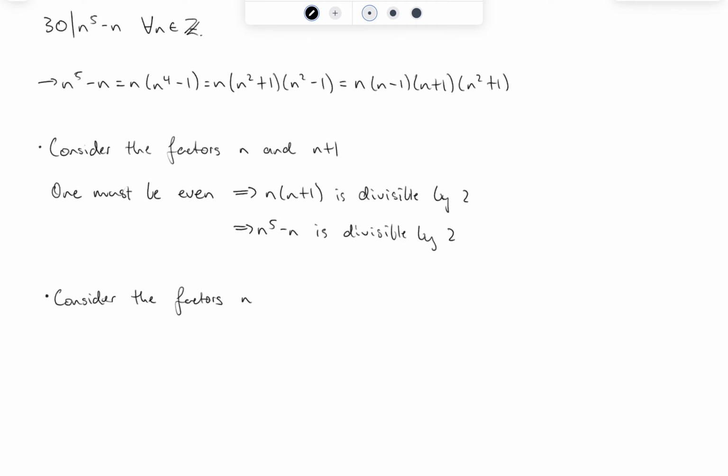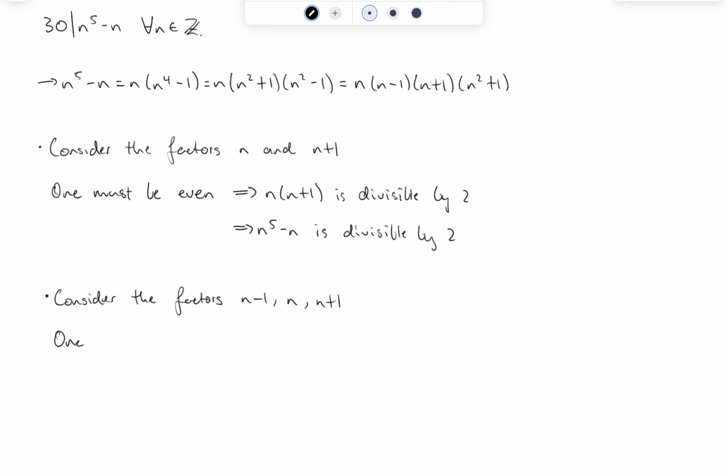Let's do them in order: n minus 1, n, n plus 1. In the same way, they're consecutive, starting from n minus 1 up to n plus 1. So what can we observe from this? One of them must be divisible by 3. We're taking 3 consecutive integers. That guarantees that one of them is divisible by 3.